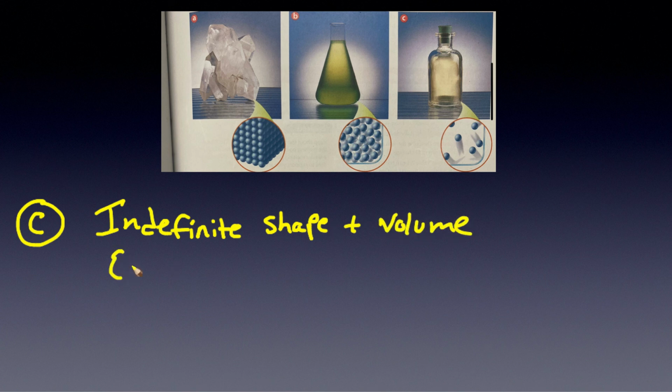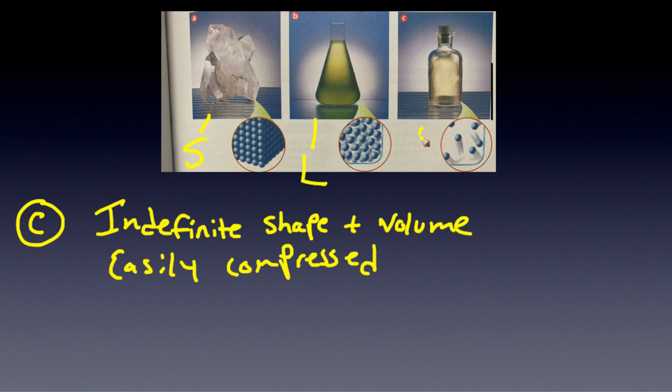And they are easily compressed. Okay, so part A is a solid. Part B is a liquid. So part C will be a gas.